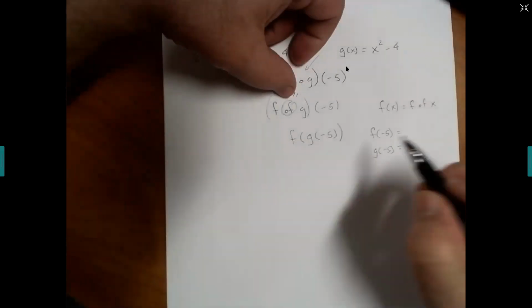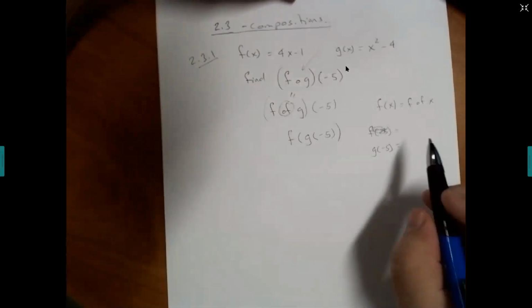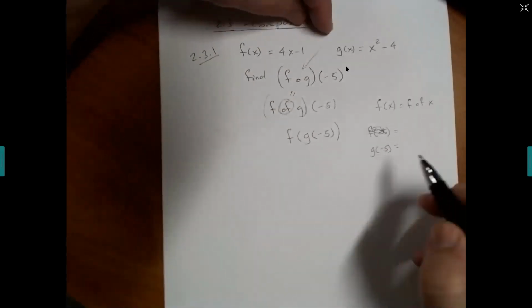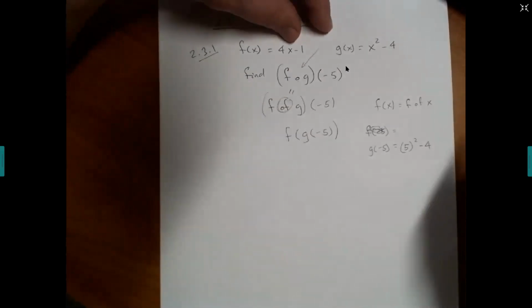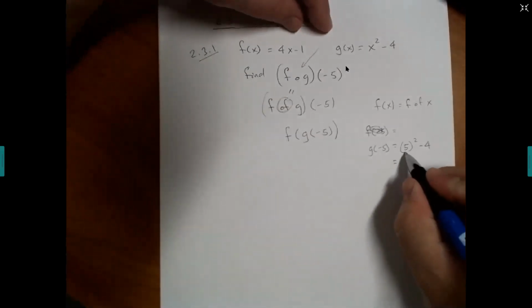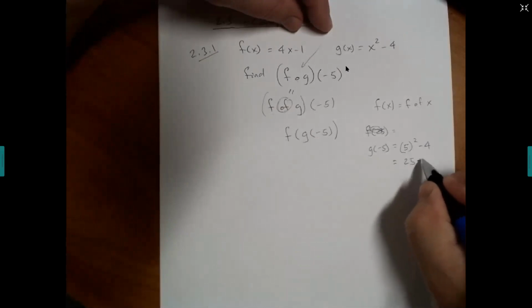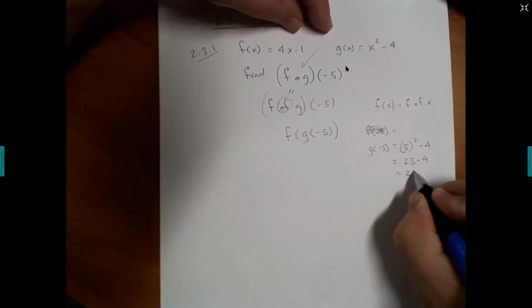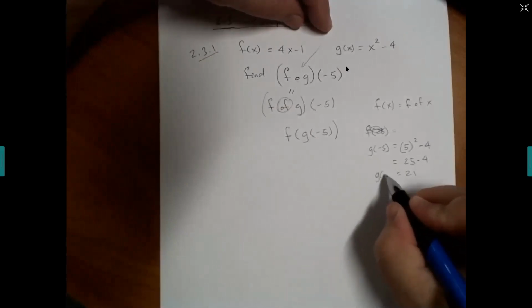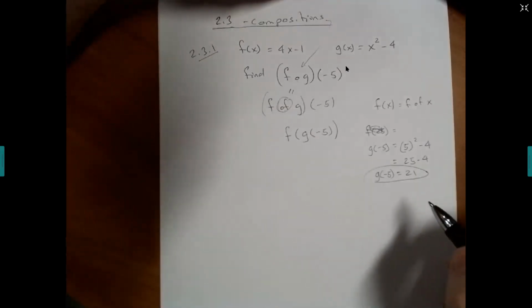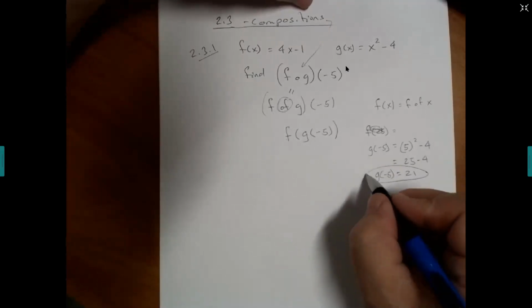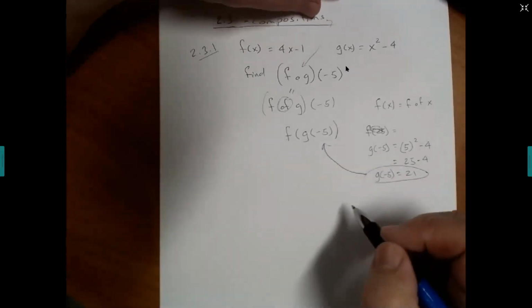Well, we just need g of -5. We don't need f just yet. So g of -5 is -5 squared minus 4. 5 squared is 25 minus 4 is 21. So g of -5 is 21. That goes on the inside.